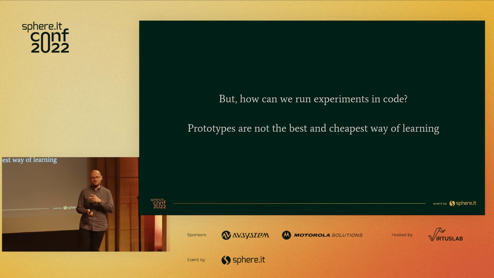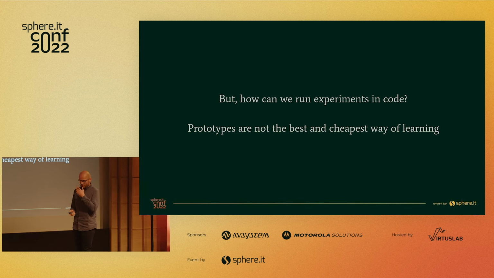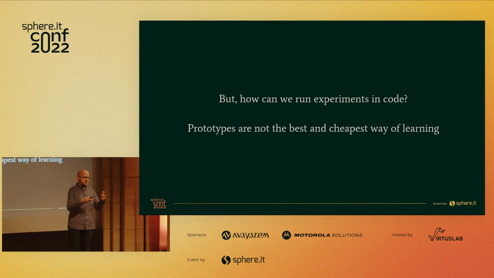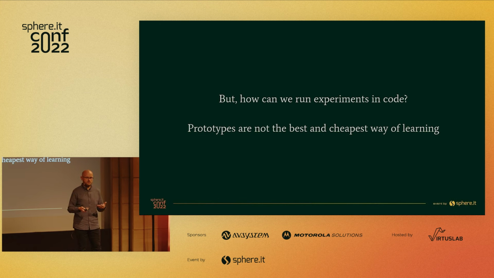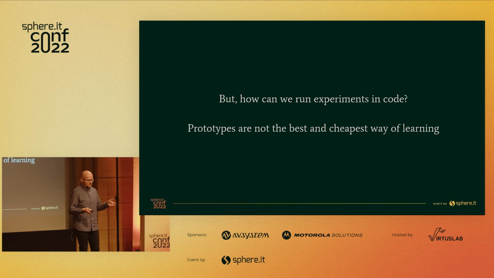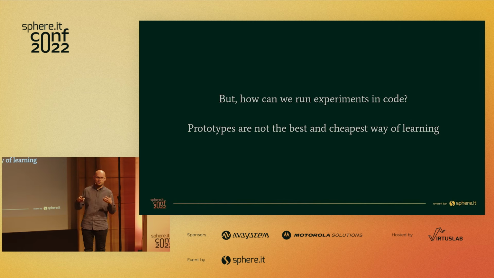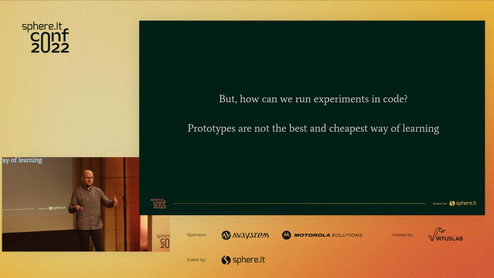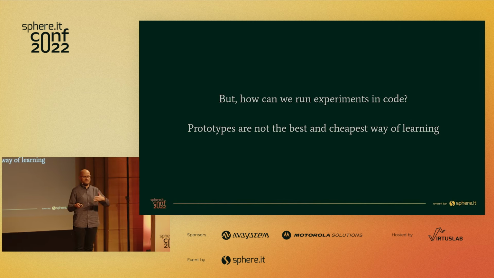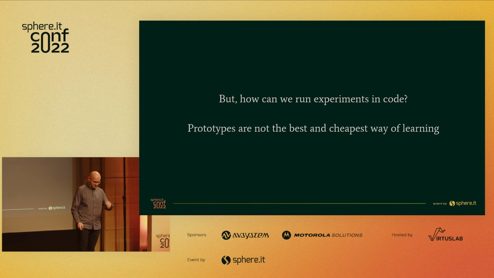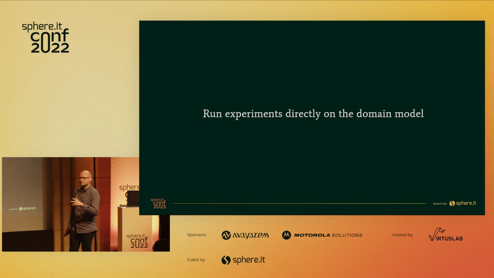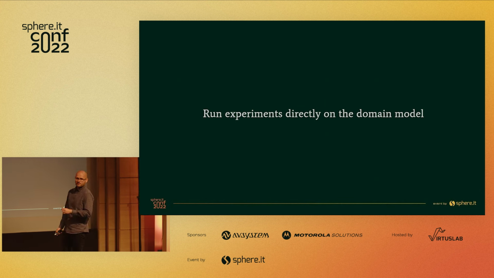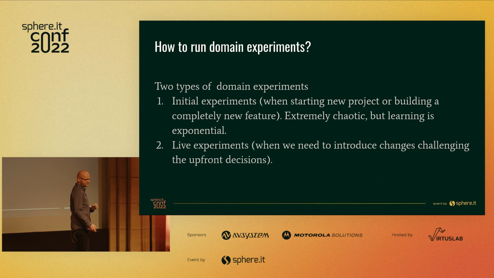You need to build a lot of stuff. And they're not cheap not only in terms of financial things, but also in terms of time. So we are simply not learning fast enough. OK, so instead, what we can do is run experiments directly on the domain model.